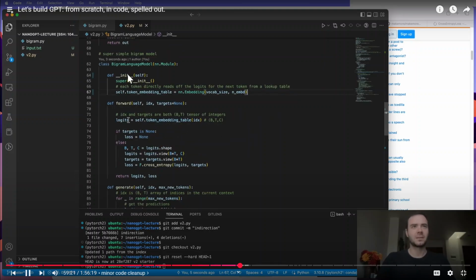So then here, this is not going to give us logits directly. Instead, this is going to give us token embeddings. That's what I'm going to call it.